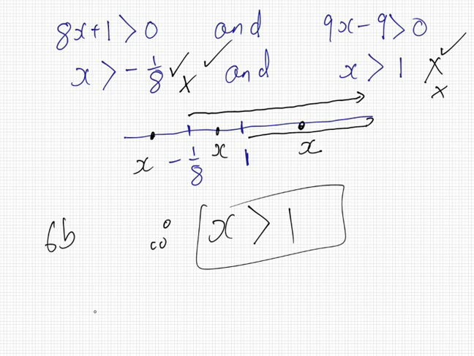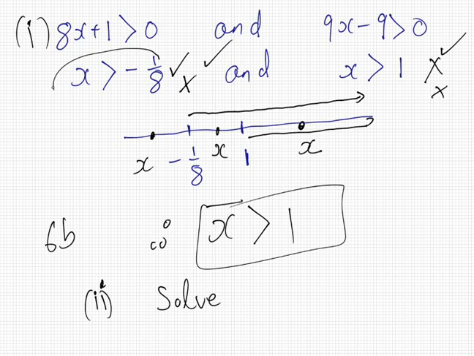That would be a section B question in the exam. In the exam, it would be broken into 2 parts. This would be part 1, and then part 2 would be to solve it. So in the exam, in part 1, they'll say, what is the requirement, or for what values of x is this equation defined? So in the exam, they want to see this, and they want to see this. Sometimes they want you to put it together, and sometimes they don't want you to put it together.